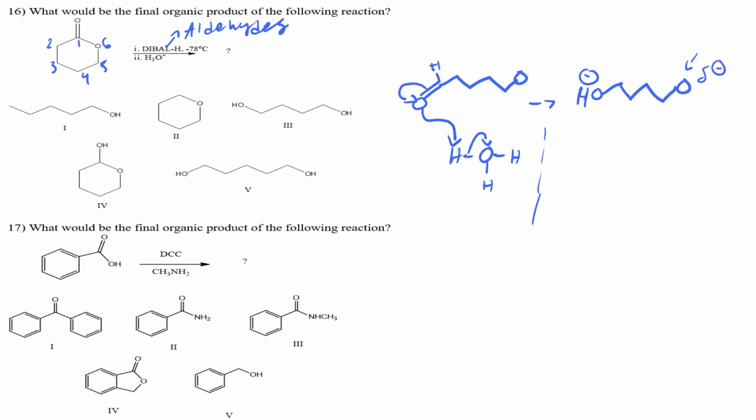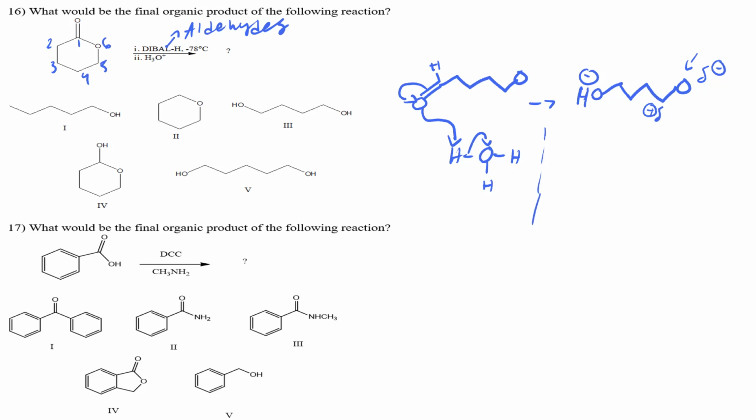Because this oxygen is so negative, it pulls the electron density away from the carbon, making this carbon partially positive. So you're saying, hey Brian, you're saying that I can attach the oxygen over here to this carbon? Yeah, you can. But you can't do that all the time.